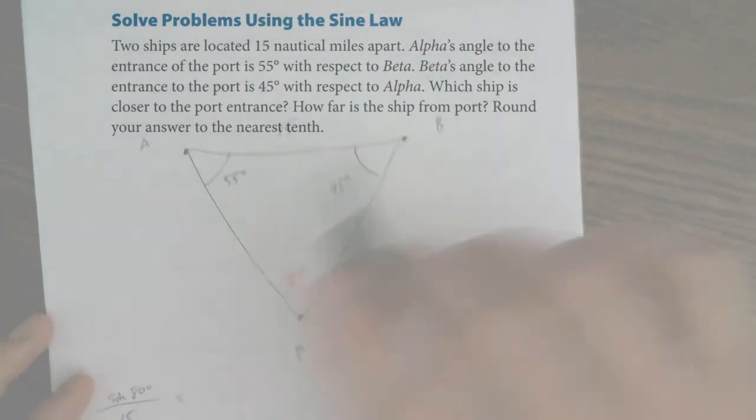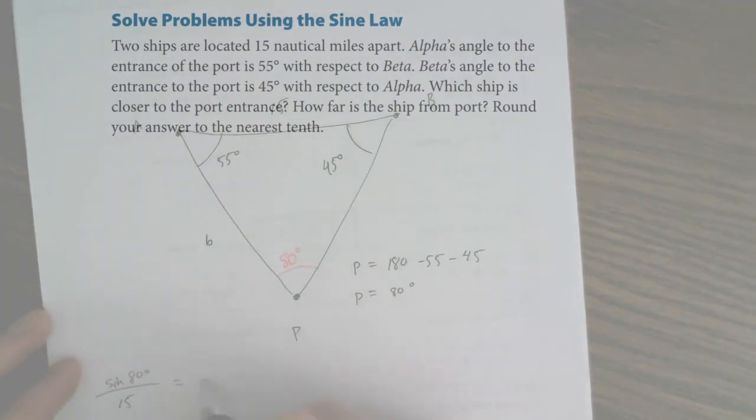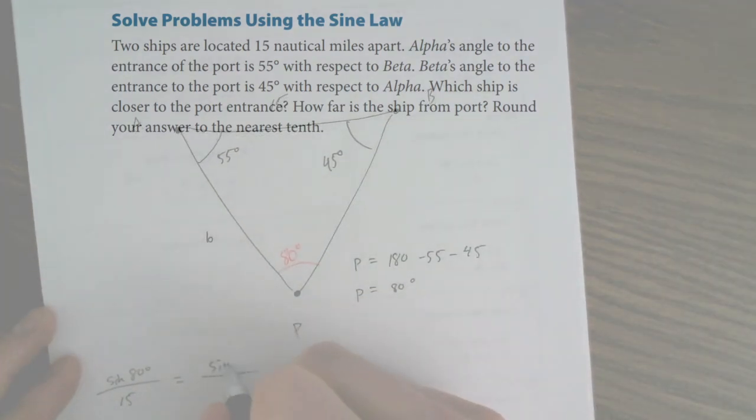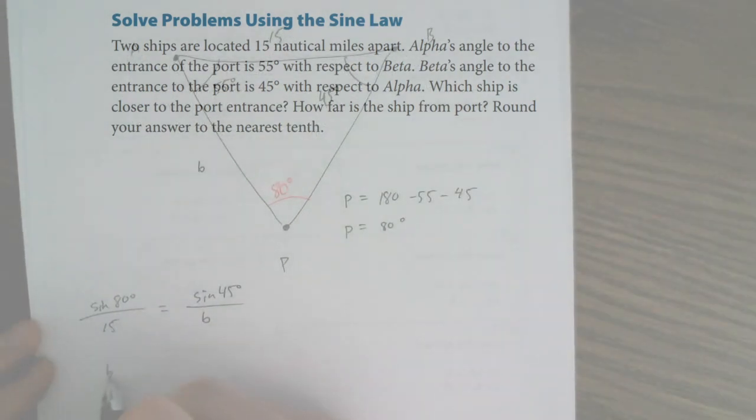So this is side small b. I'm going to go ahead and find that. Okay, doing a little shortcut.